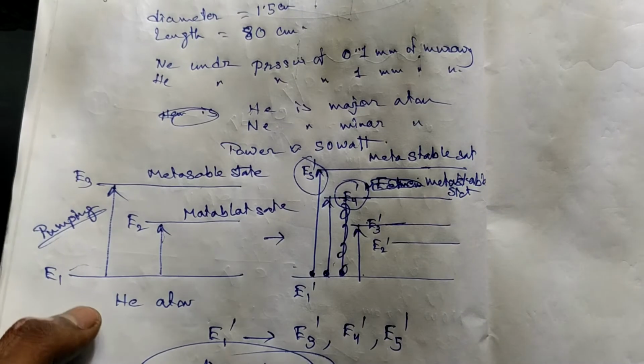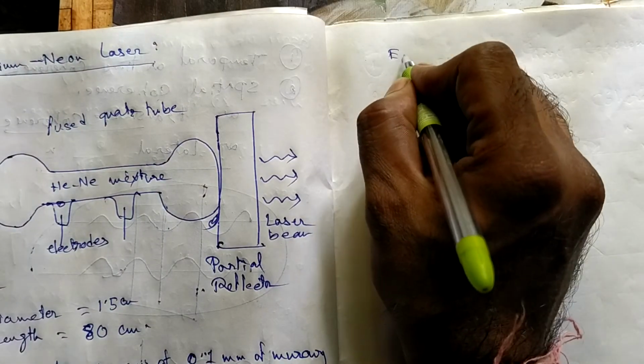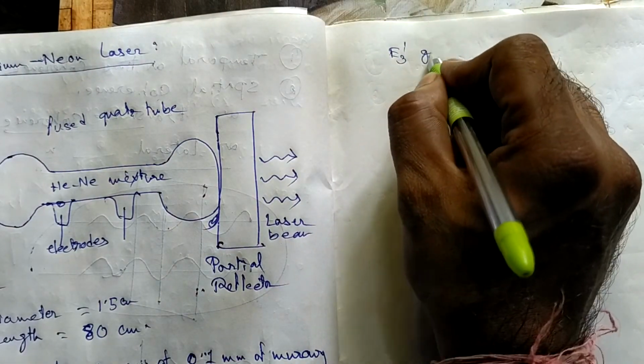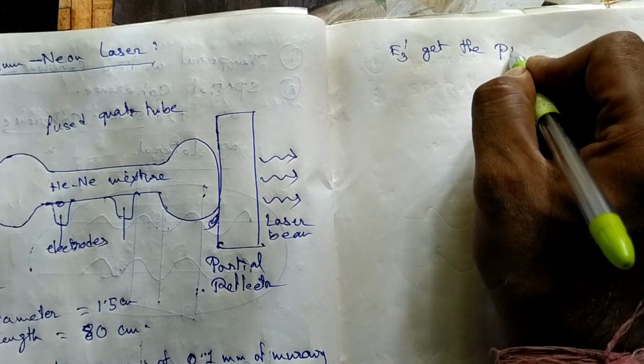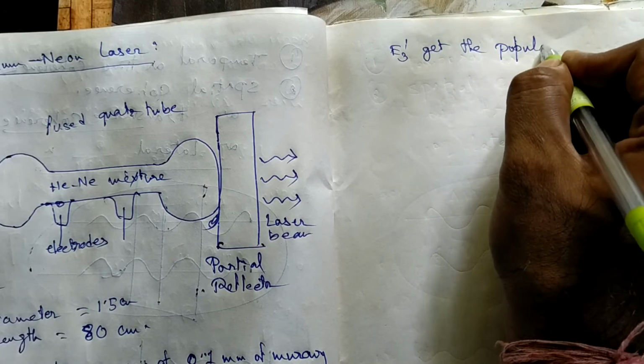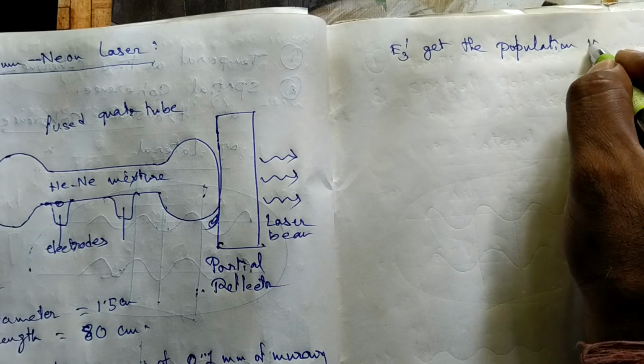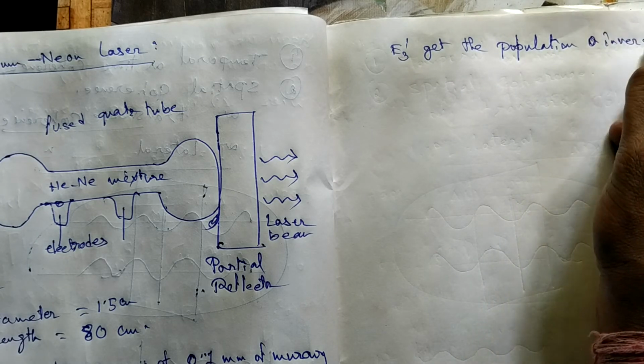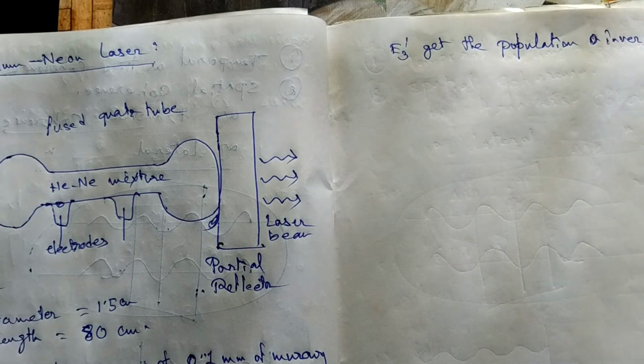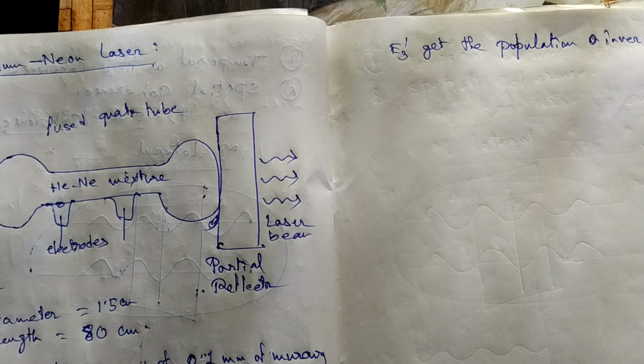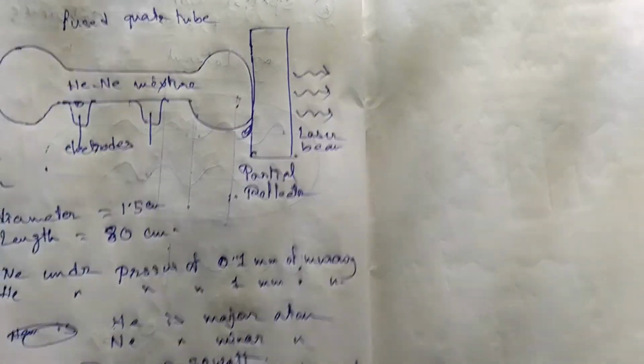In this process, E3 dash gets the population inversion. That means when the electron jumps from the first orbit to the fourth, fifth and third orbit, then due to the instability in the E4 and E5 states, the excited atoms jump to the E3 state.